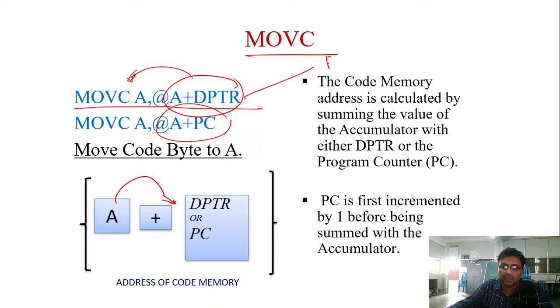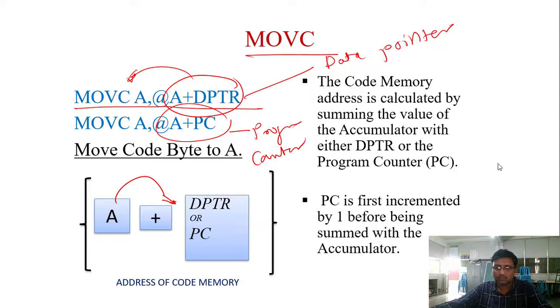DPTR stands for data pointer and PC stands for program counter. So both ways we can do it. It copies the code memory towards the accumulator. So this is about code memory copying.